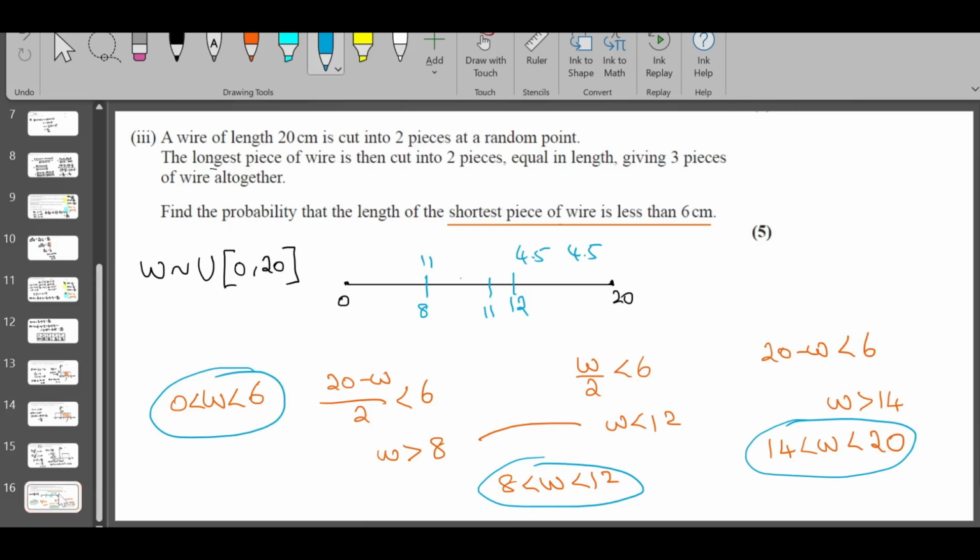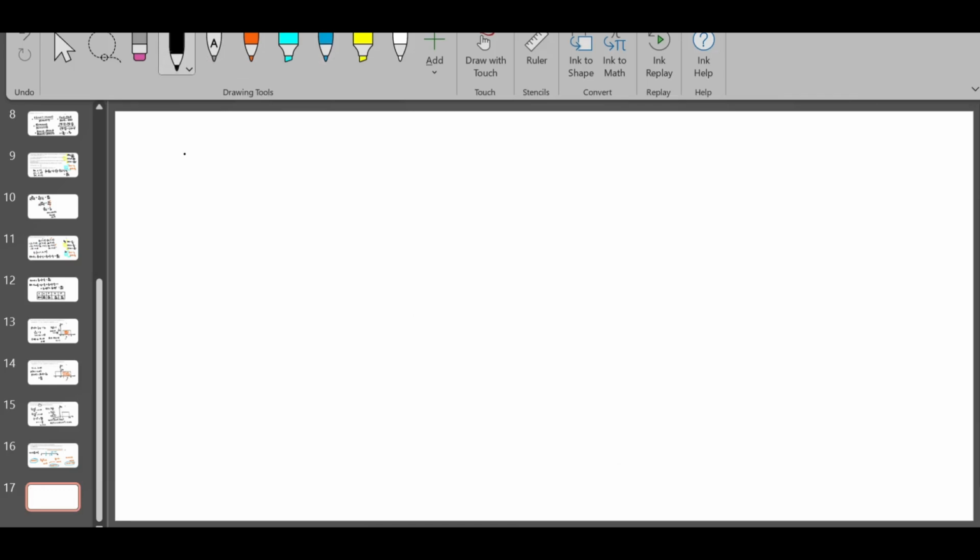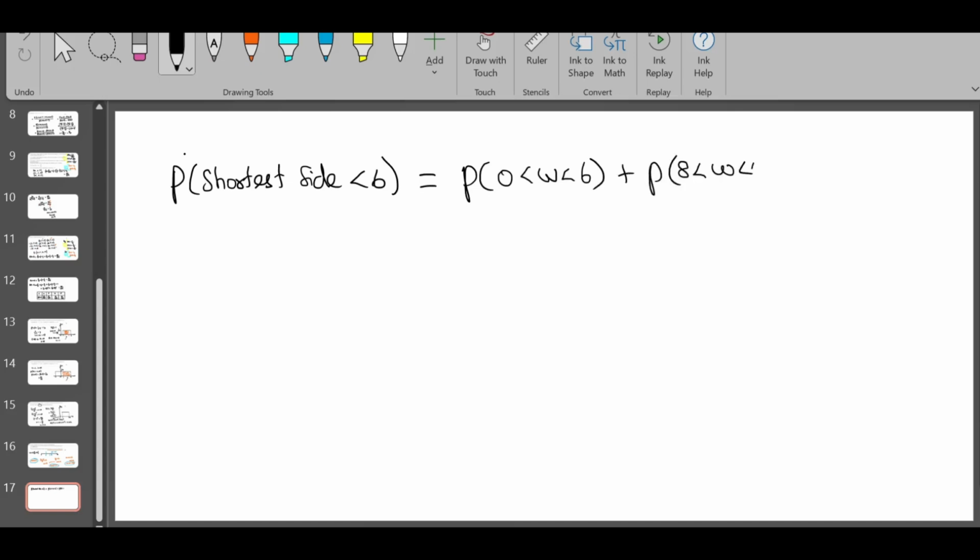So now we need to write the probability. So the probability of the shortest side less than 6 is equal to 0 to 6 plus 8 to 12 plus 14 to 20.